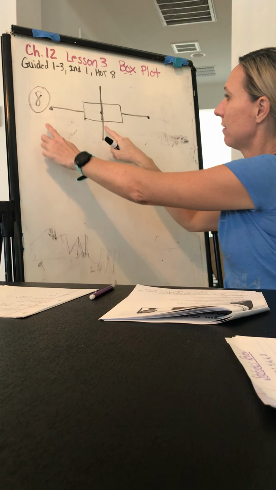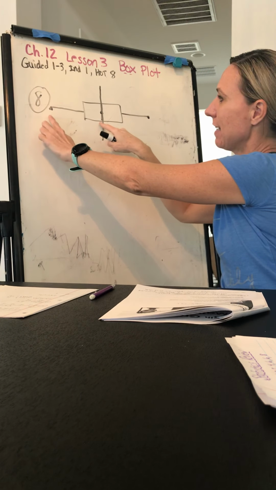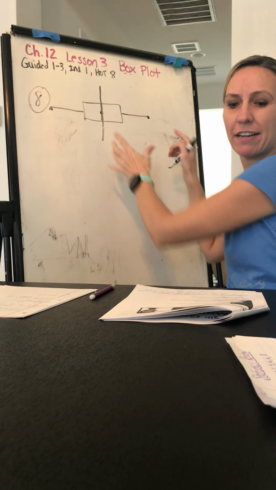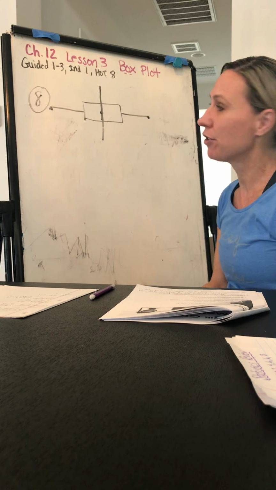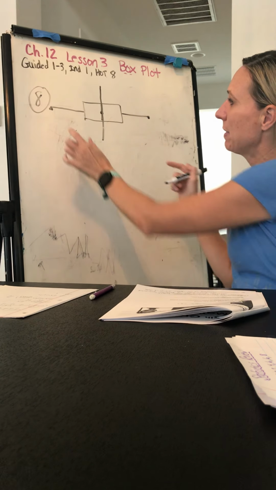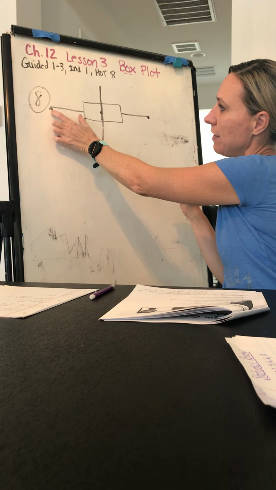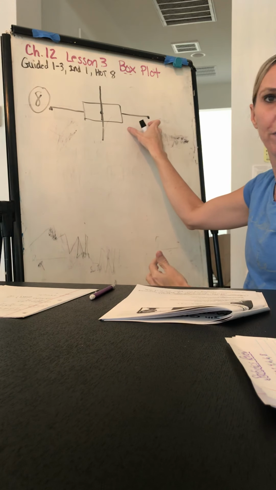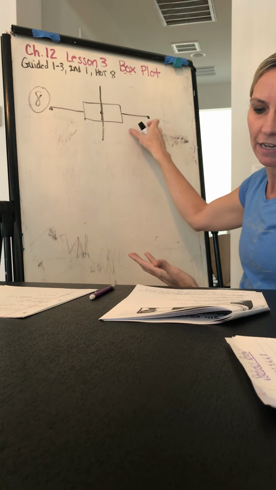Isn't this data equally spaced from this one? If the whiskers are the same length, that means this lower 25% of the data is concentrated in the same way that the upper 25% of the data is.